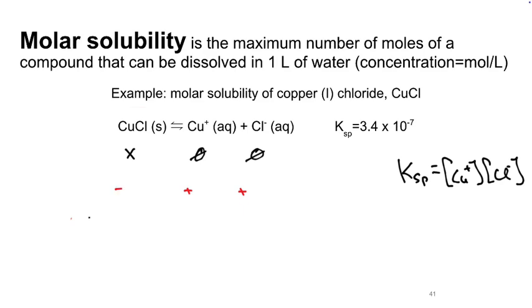Okay. And if we're talking about molar solubility, how much should the copper chloride decrease? I don't even care about how much it increased on the other side. If I'm talking about molar solubility, why by X? Because that's the definition of molar solubility.